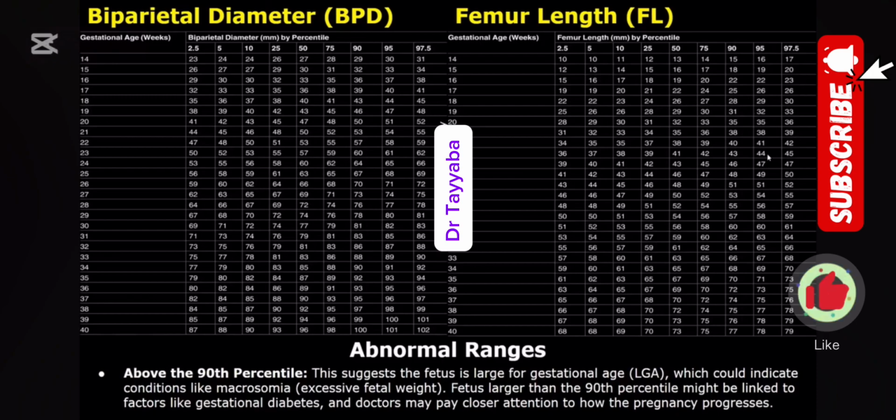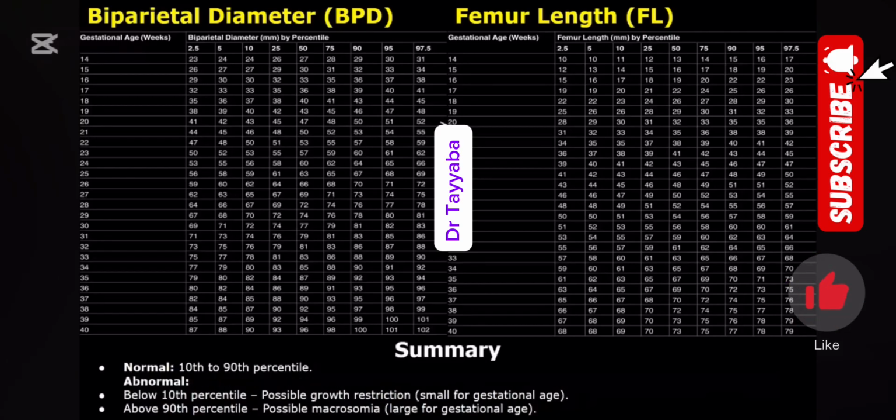The values that are in the 95th and 97.5th percentiles in this table are considered larger than normal. Values may indicate conditions such as macrosomia, which is excessive fetal weight. To summarize, the 10th to 90th percentiles are considered normal percentiles.